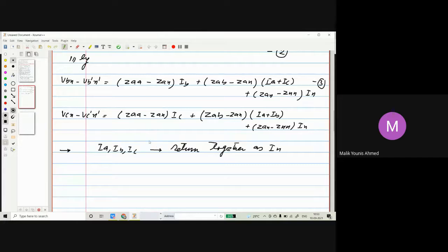IN in the neutral conductor, so what's going to happen? IN will become minus summation of this IA plus IB plus IC. So let's call it equation number 4. Now substituting the equation set of 2 and 3, substituting the value of IN in equation 2 and 3.